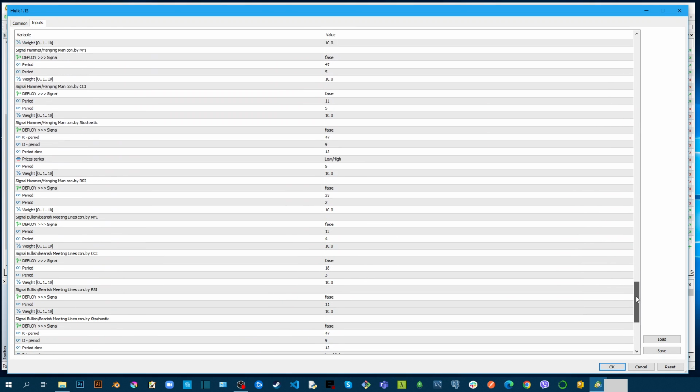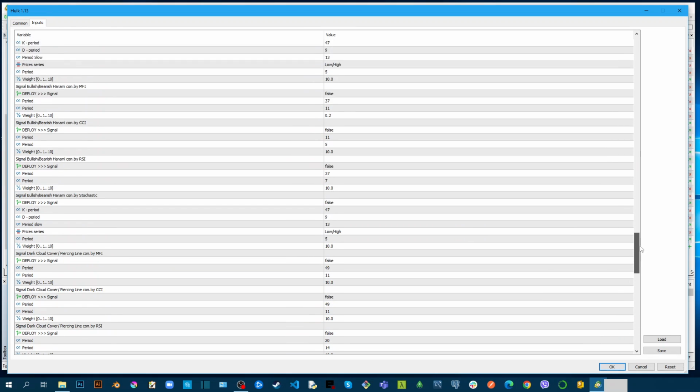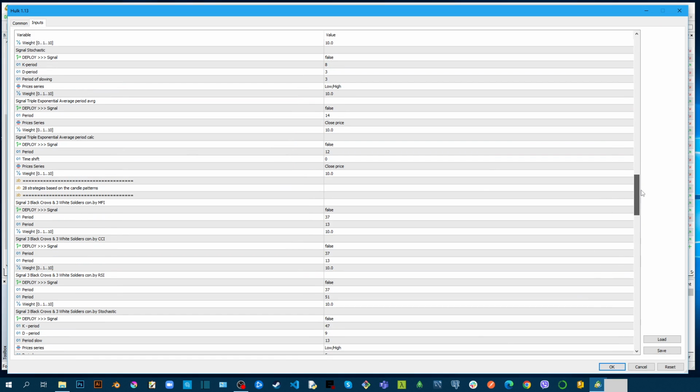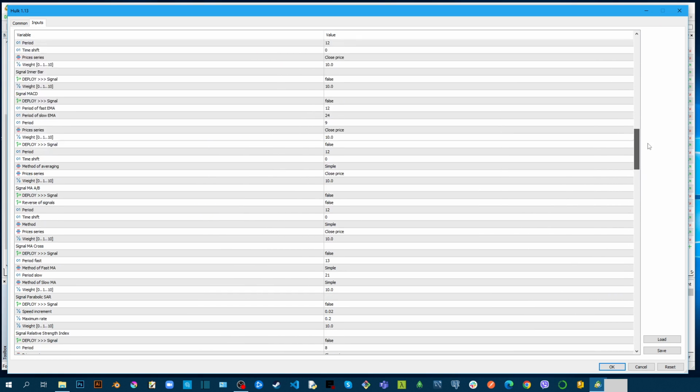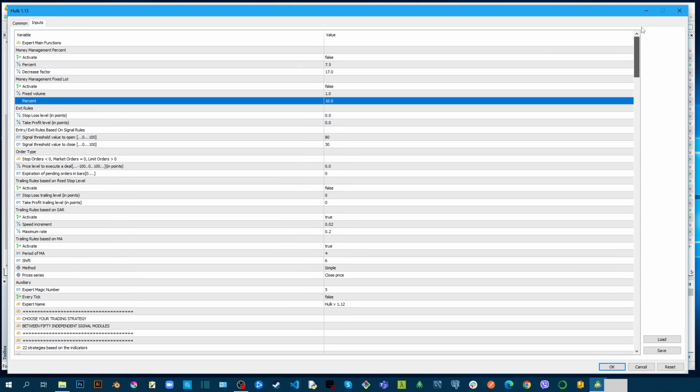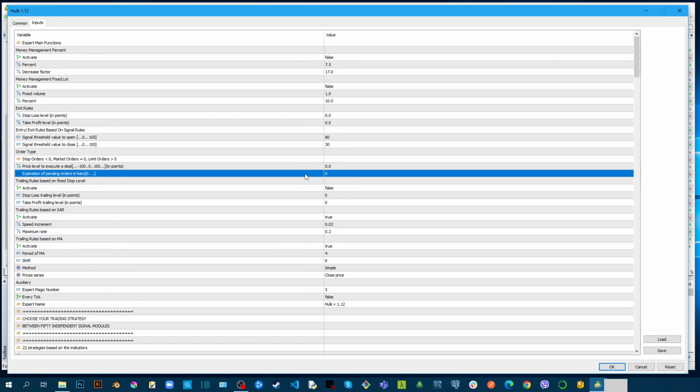Don't worry, these inputs here are the signal section, and these inputs here are some rules. So it's very easy to use and very easy to understand. Don't worry, I will explain everything.